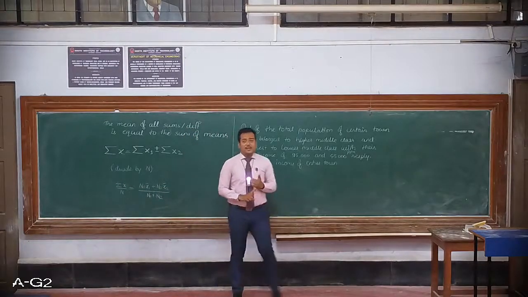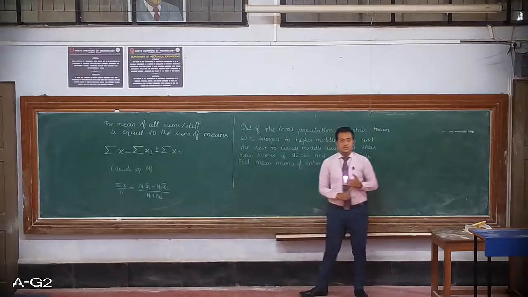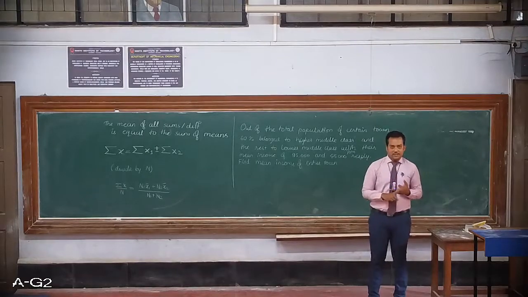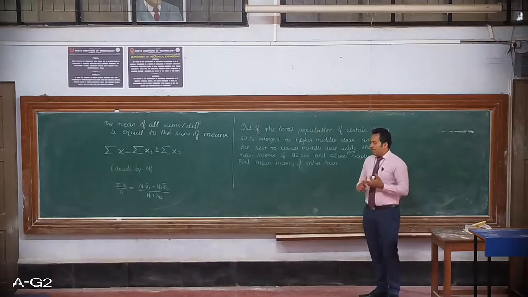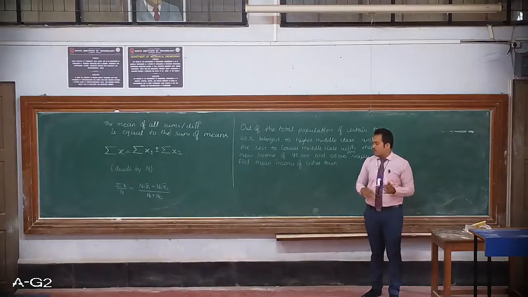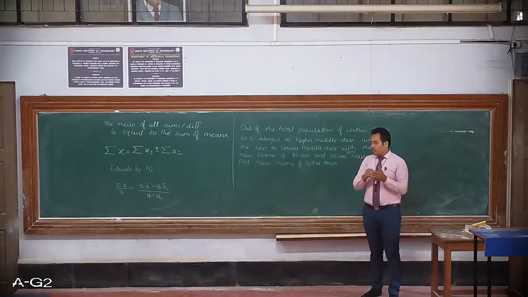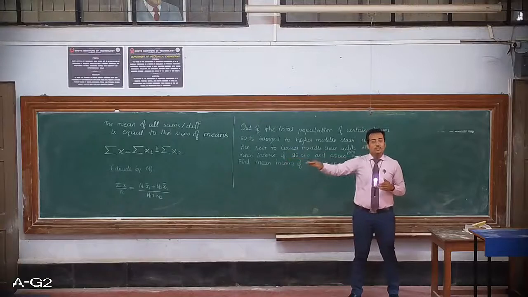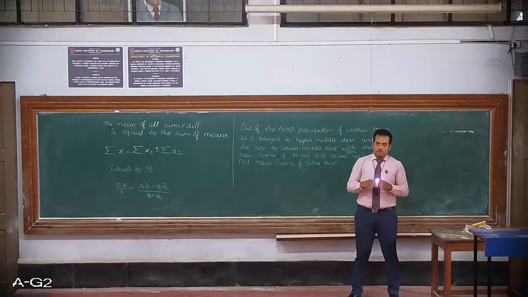On the right hand side, the values required are n1, n2 and x1, x2. n1 and x1 belong to one series, and n2 and x2 belong to the other series. x1 bar and x2 bar are given, that is the meaning of mean: the mean of the x1 series and the mean of the x2 series, along with n1 and n2. And n1 plus n2 is equal to n, the total number of elements in the distribution.